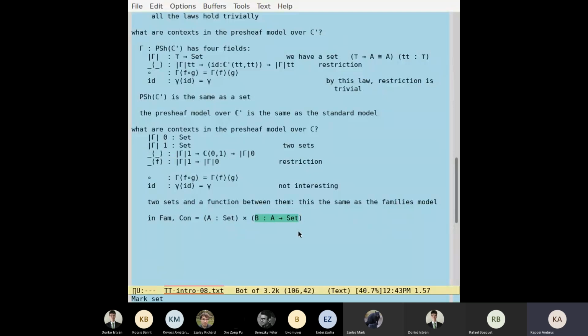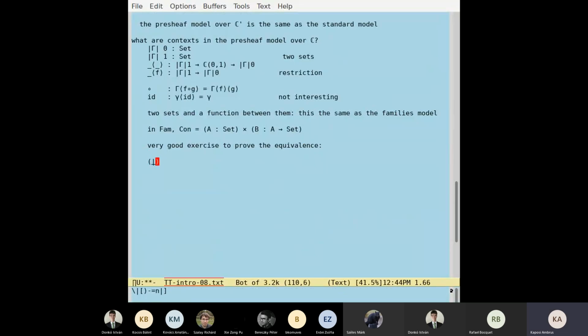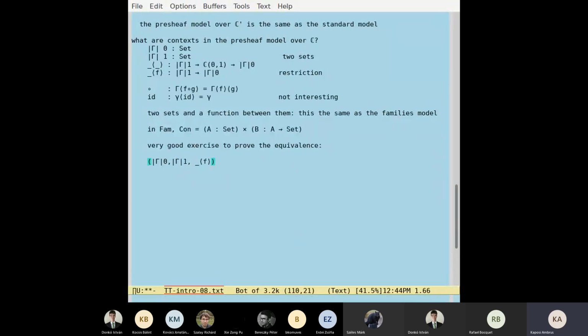Okay, and in fact, two sets and the function between them is the same as a set and a family over that set. And this is a very good exercise. So it's an extremely good exercise to prove it's an equivalence. So let me just show you some part of this proof. So let's say we have a gamma 0, gamma 1, and a function, okay, this f between them, and then we want to obtain an A and a B, okay?